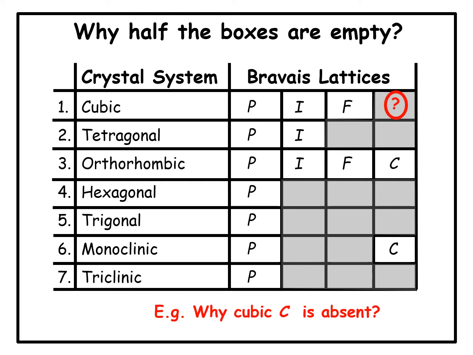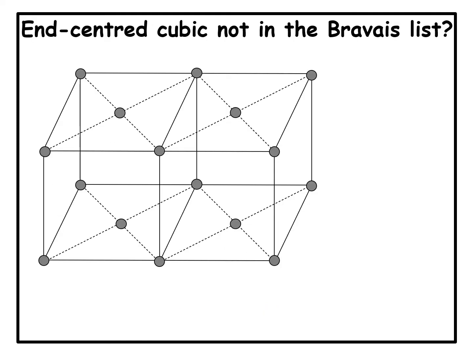So let us begin with the first row, the cubic crystal system, and there we have P, that is cubic P, simple cubic, cubic I, body-centered cubic, and cubic F, face-centered cubic. Why not cubic C? Why not end-centered cubic? That's an interesting question, and we will explore this in a little bit detail in these slides.